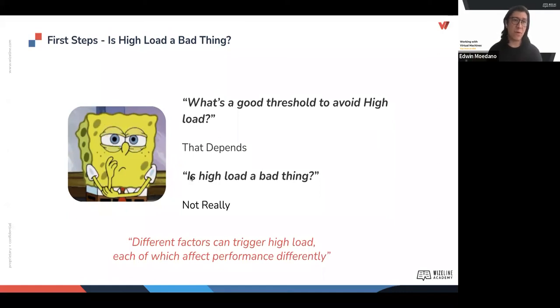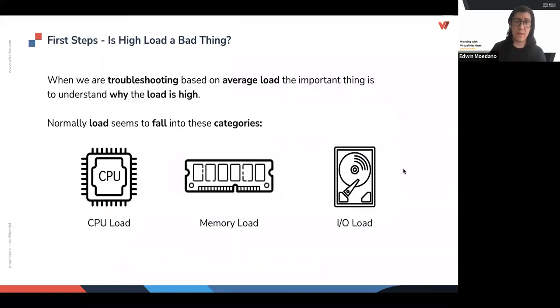It's something the servers require to process everything faster. Again, different factors can trigger high load, each of which affects performance differently. And we're gonna see which are the things that can go wrong in high load.